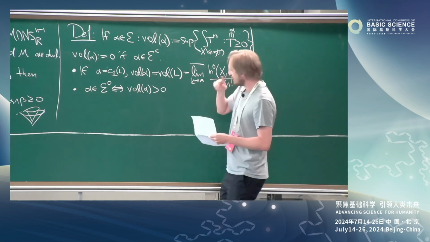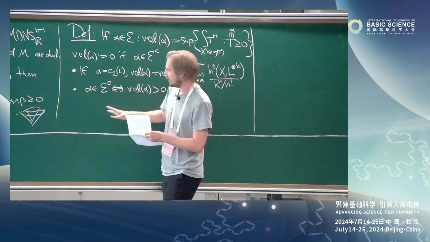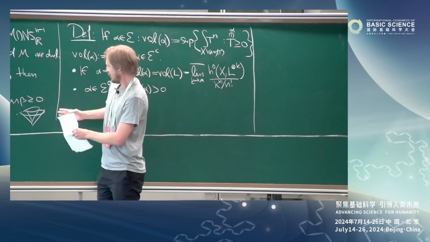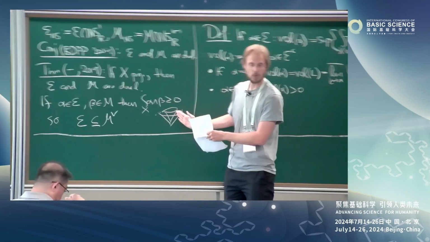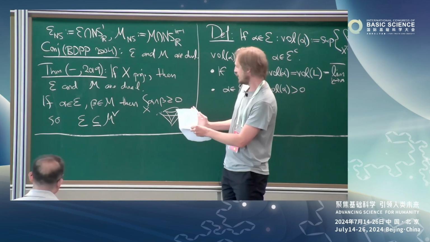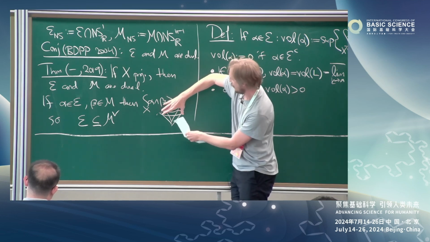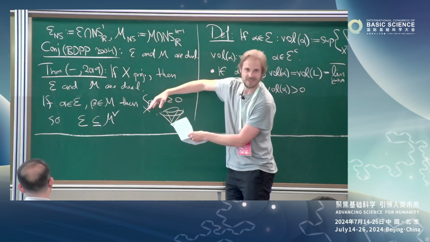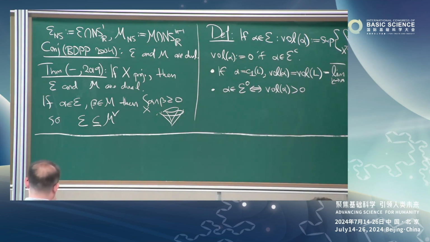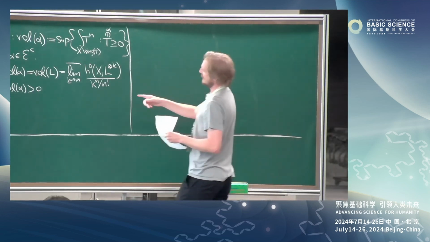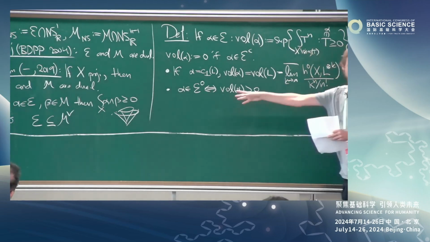This is important because this gives a way to check whether you're in the interior of this cone. You need to be able to tell that when trying to show this equality here. So the volume can be used in trying to establish that.